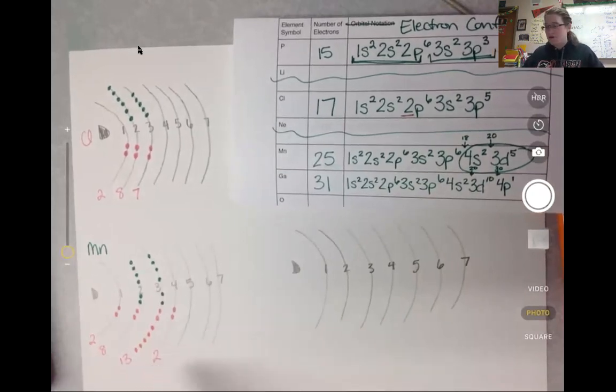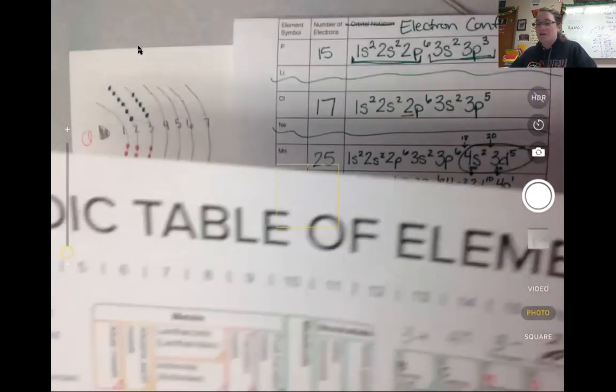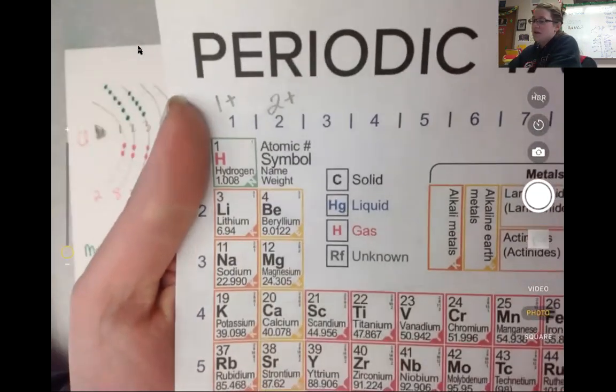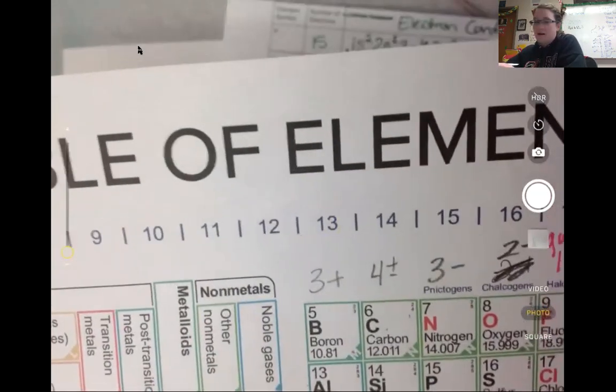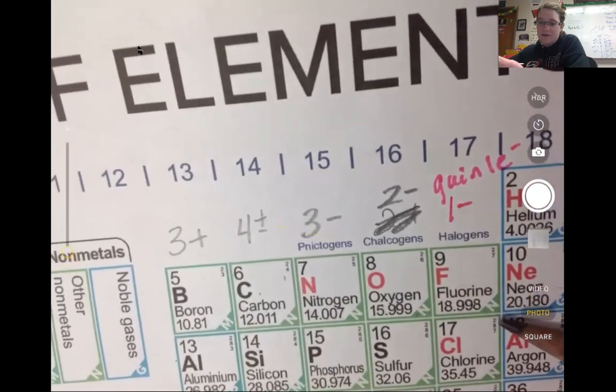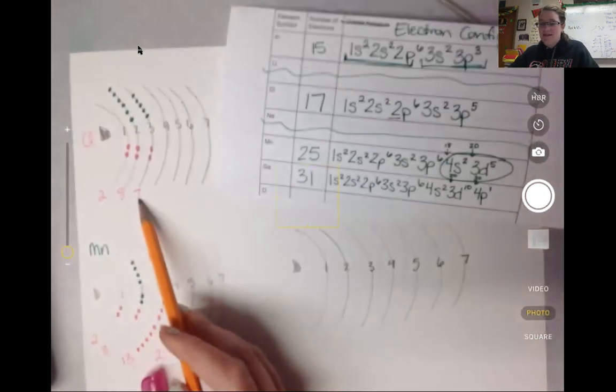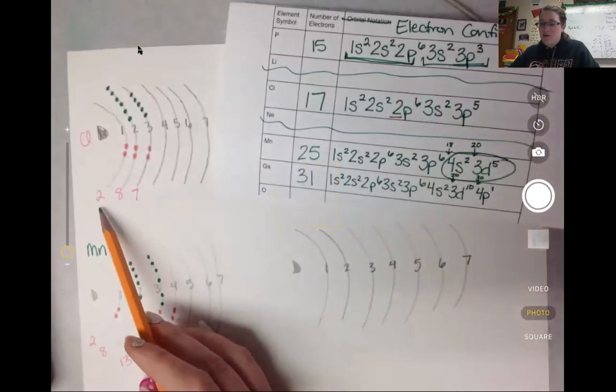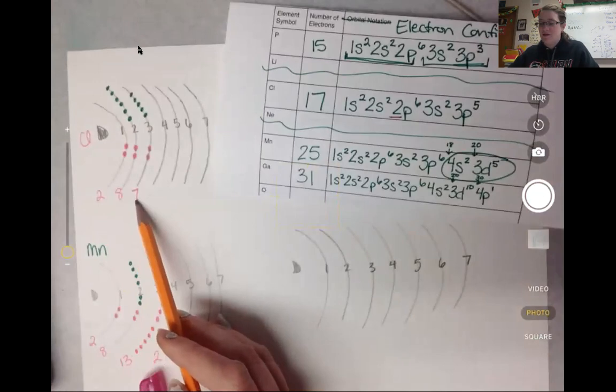Rather than switching screens, it shows that for chlorine, right over here on this little side, it's 2, 8, 7, just like we had. It tells you how many are in the first, second, and third energy levels.